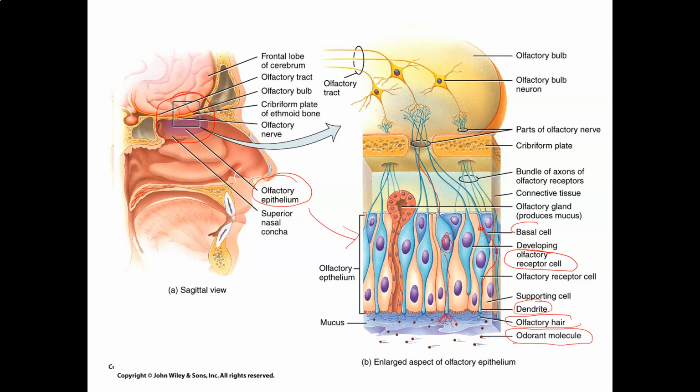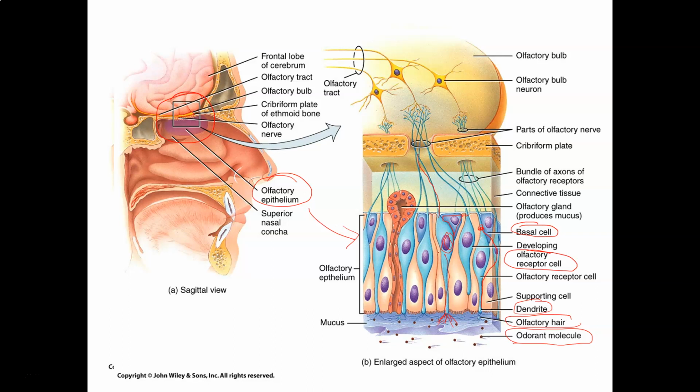You have basal cells in your olfactory epithelium, these little triangular blue cells, and their job is to periodically start to differentiate into new olfactory receptor cells, and the old ones are removed.